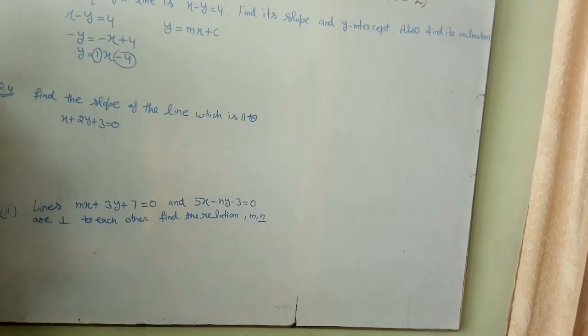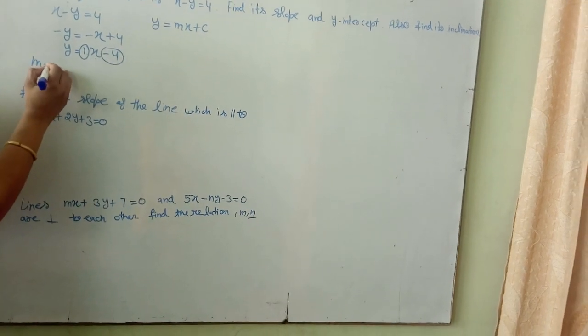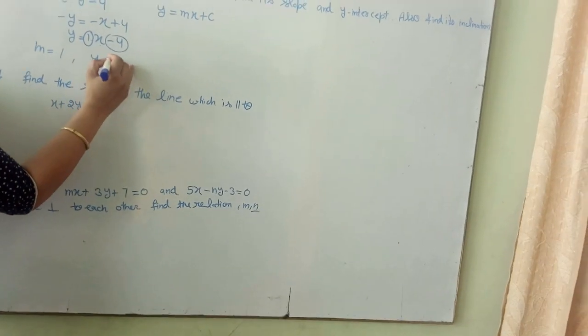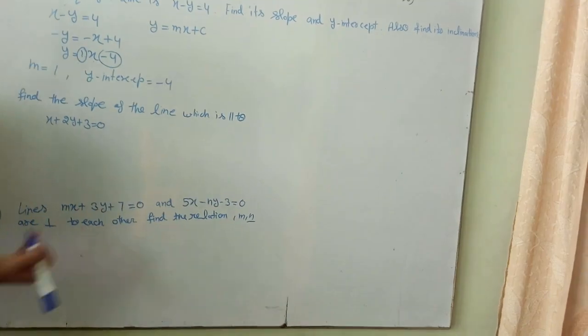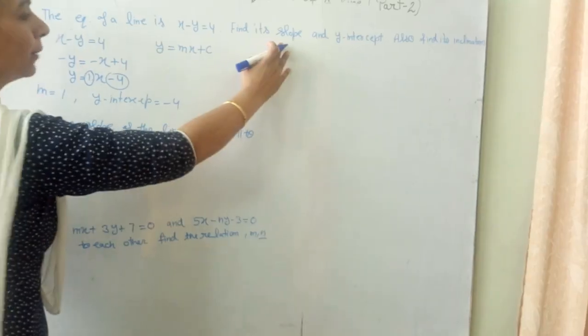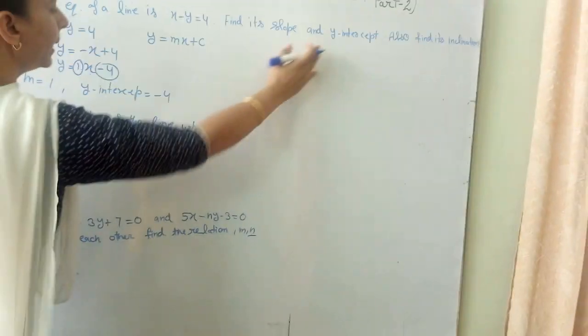This is the y-intercept. So slope equal to 1 and y-intercept equal to minus 4. Then we found slope 1 and y-intercept minus 4. Again, also find its inclination. With the help of this, we find the inclination, theta.